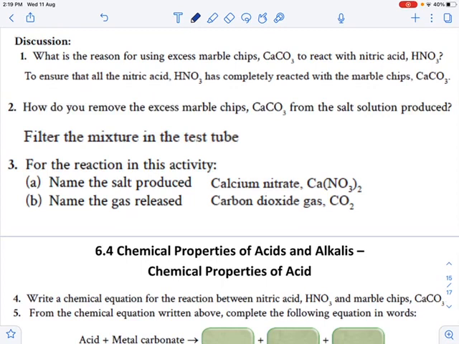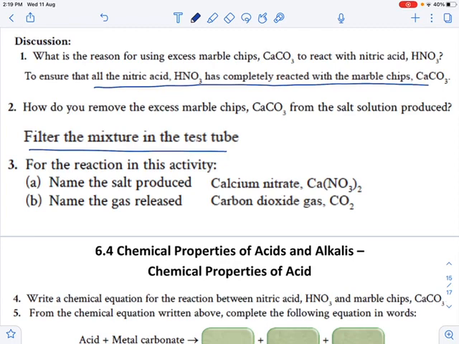What is the reason for using excess marble chips to react with nitric acid? To ensure all the nitric acid has completely reacted with marble chips. How do you remove the excess marble chips from the salt solution produced? Filter the mixture in the test tube.